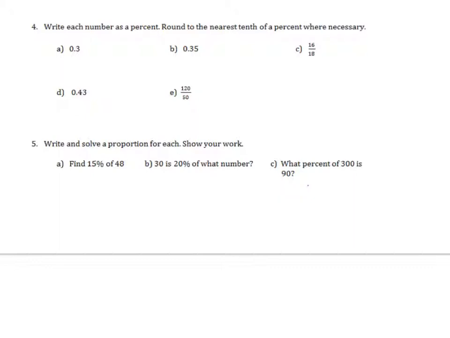4. Write each number as a percent. Round to the nearest tenth of a percent when necessary. To write this as a percent, you need to move the decimal over the other way and fill in the holes. So this is going to be 30%. Move the decimal over, this is going to be 35%. I'm going to skip C right now and then move this over, it's going to be 43%.